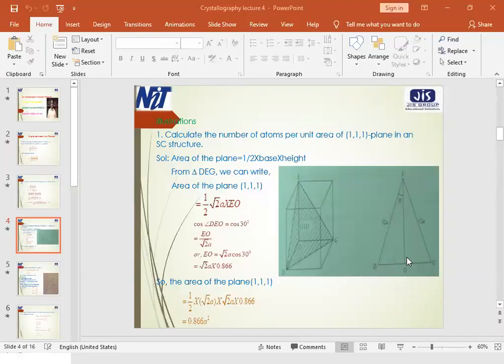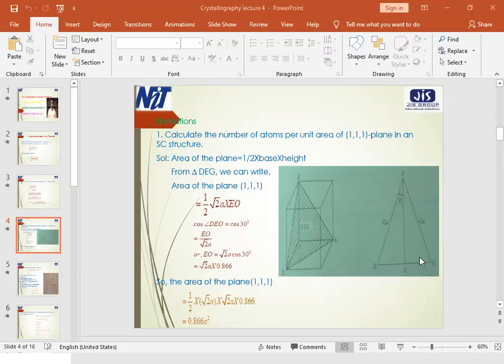So our task is to find this EO. This EO is the perpendicular on the line DG, so this will be a right angle triangle. If this is a right angle triangle, then cos DEO, this angle, is 30 degrees, and cos theta is equal to base by hypotenuse. So EO by root 2a.